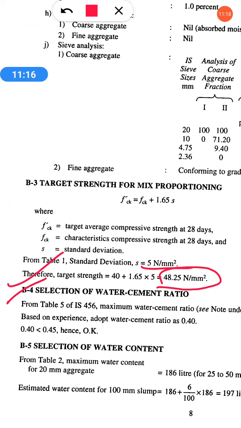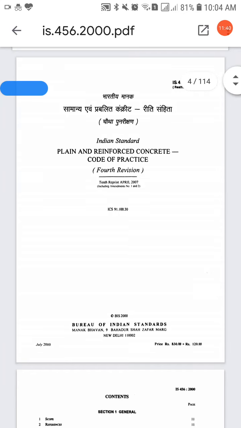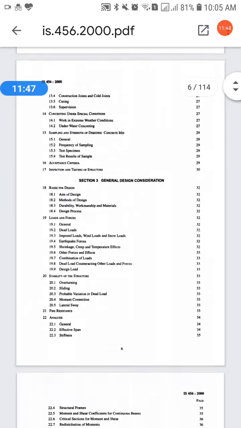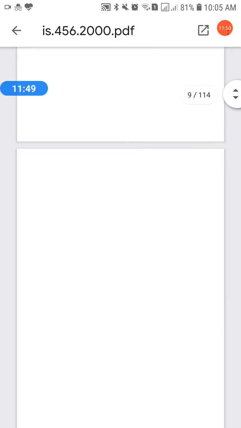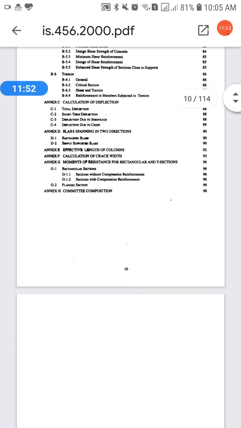Here we are adopting 0.40 because you have to see from the table: maximum water cement ratio means you can take at most this much, so accordingly you can modify your water cement ratio, but the maximum limit is provided in the IS code. Okay, so I am taking you to IS 456. See, this is IS 456, which is the IS code for plain and reinforced concrete. Okay, so we have to see table number 5.